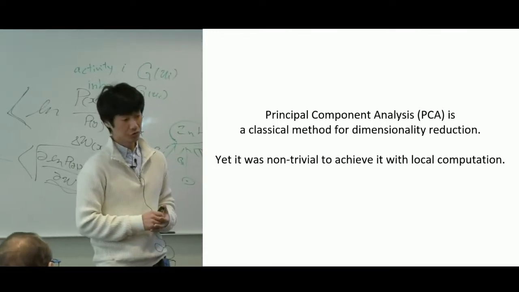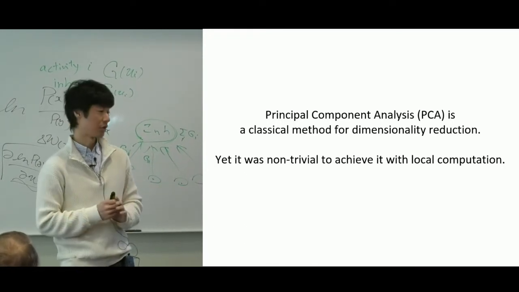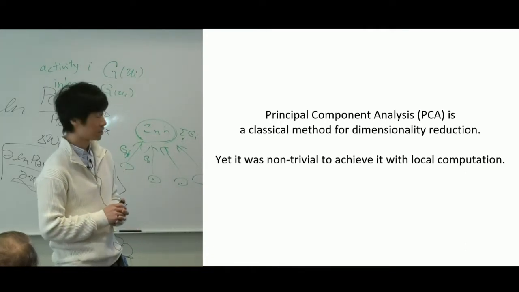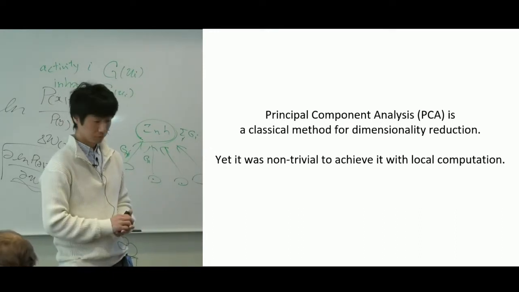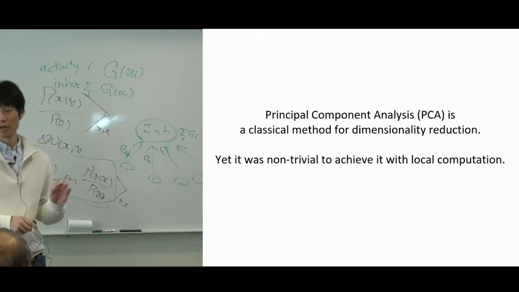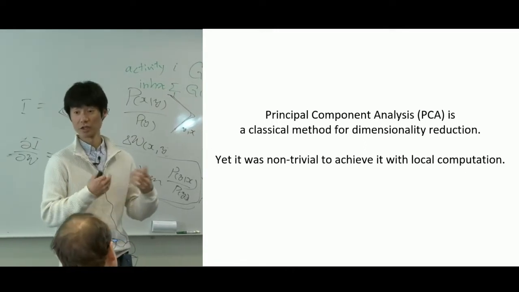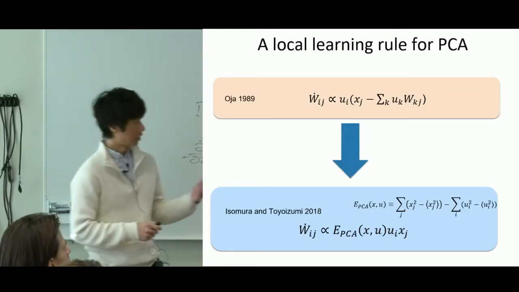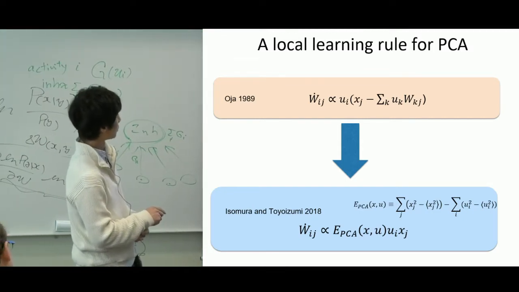So I've introduced to you that ICA alone can reduce the dimensions, but the speakers here have already introduced PCA several times. Principal component analysis is a very useful method to reduce dimensions by neglecting tiny sources. And even for this classical method, it's not known how neural networks can implement PCA with a local learning rule. I will explain what kind of learning rule is there in the literature.